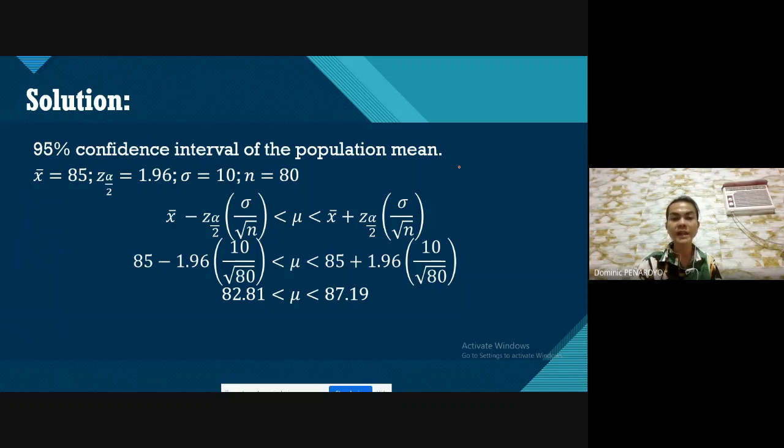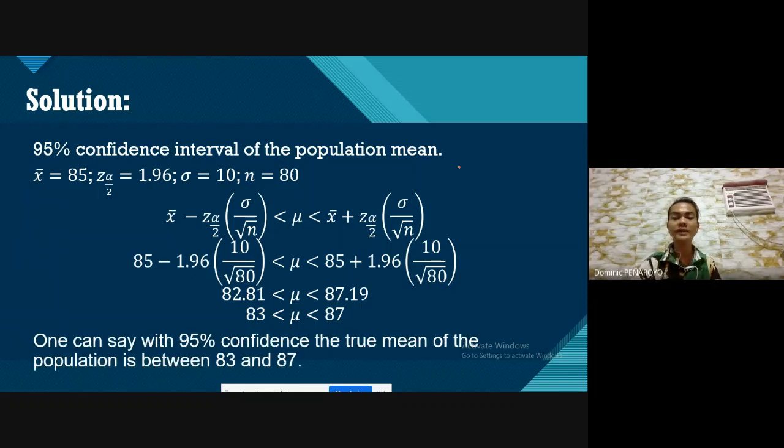Since our mean is a whole number, our final answer should be a whole number. Therefore, the final answer should be between 83 and 87. So one can say with 95% confidence, the true mean of the population is between 83 and 87.